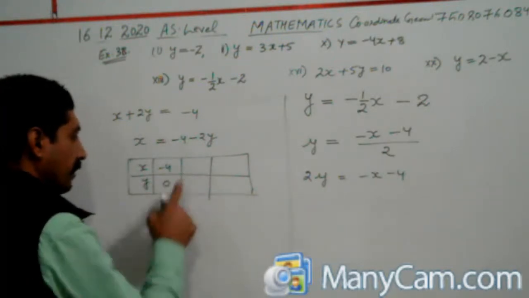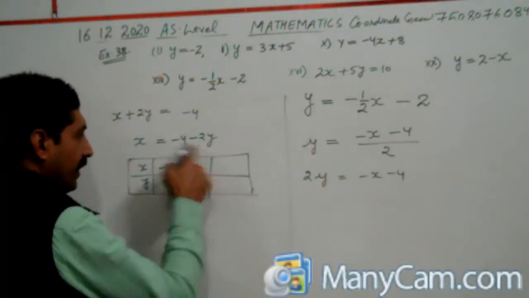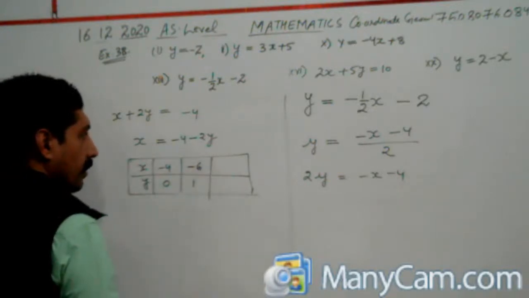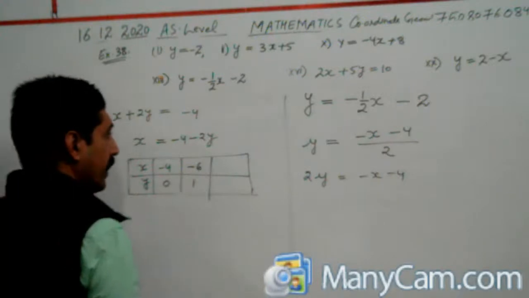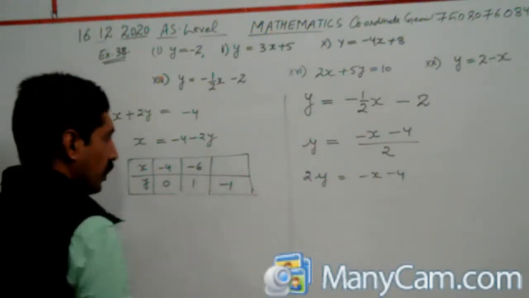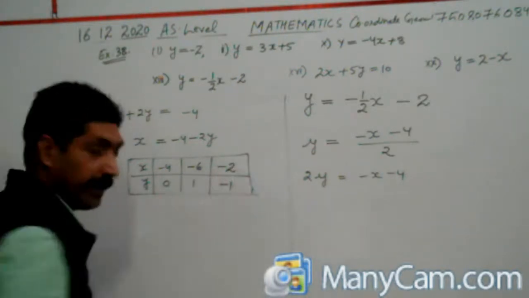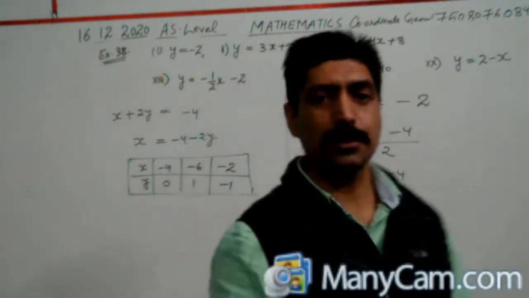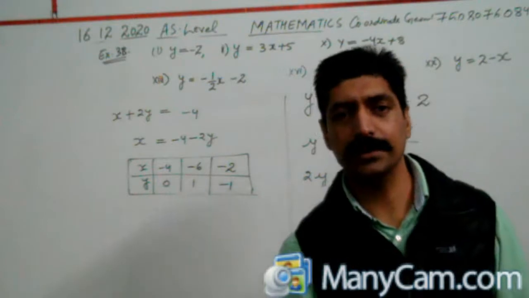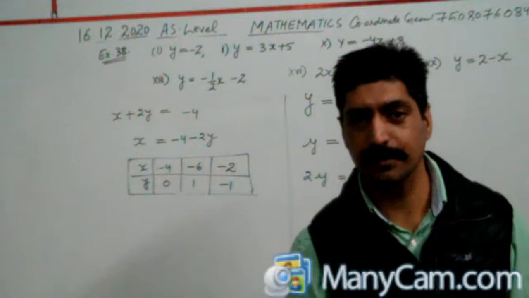If y is 1, x is minus 6. If y is minus 1, x is minus 2. In this way we can find infinitely many solutions for these linear equations in two variables, right?